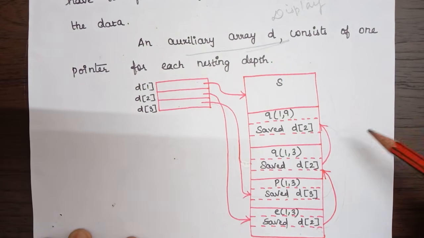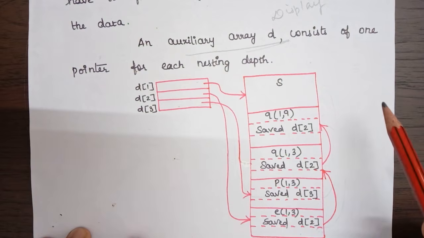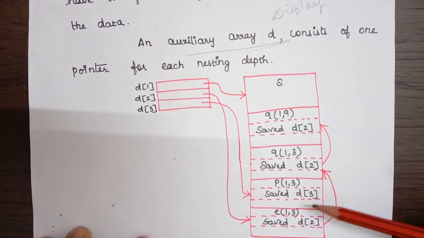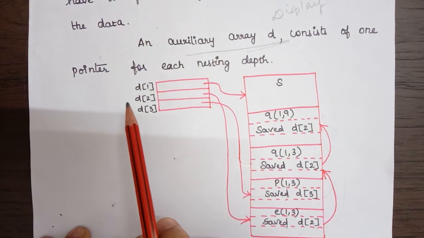The main advantage of using this display is that whenever a procedure is executing and needs to access elements from some other procedure, we need to look only in D. We don't need to follow the access links.